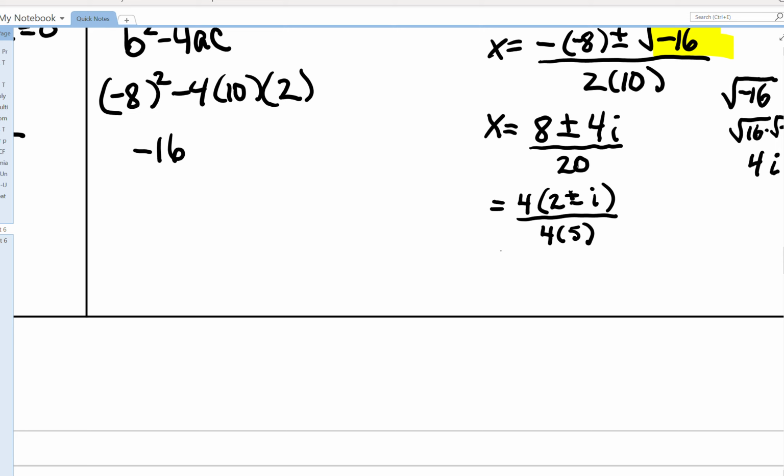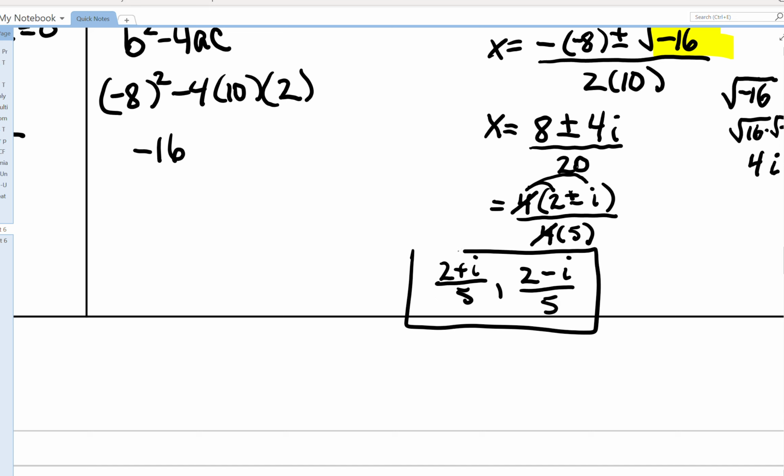And just double check, 4 times 2 is 8. Yep, 4 times i would be 4i, yes. And 4 times 5 certainly is 20. So because I have that common factor of 4, I can cross those out. And so I'm going to have 2 plus i over 5 and 2 minus i over 5. And those would be my solutions.